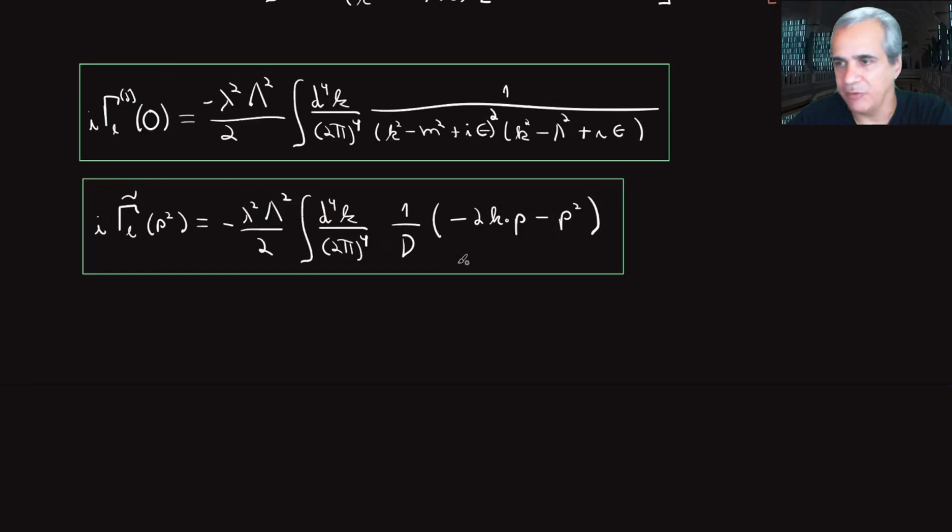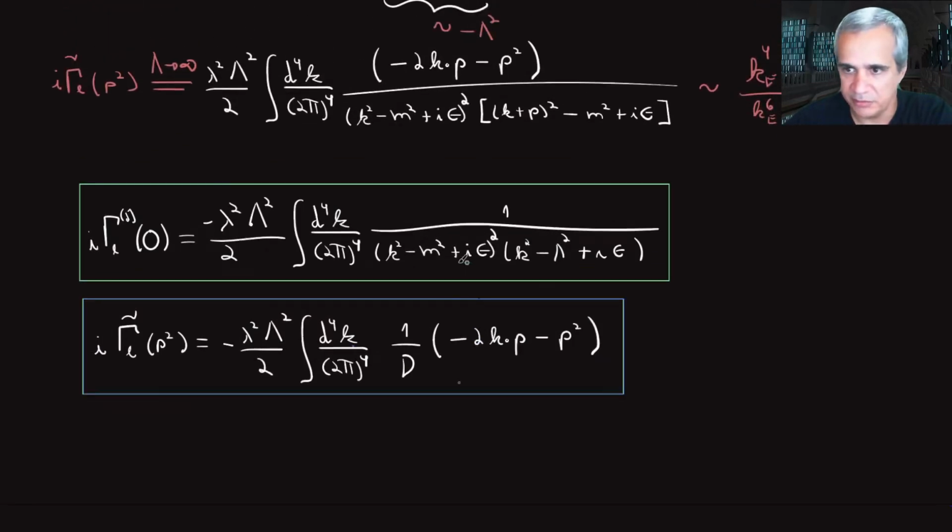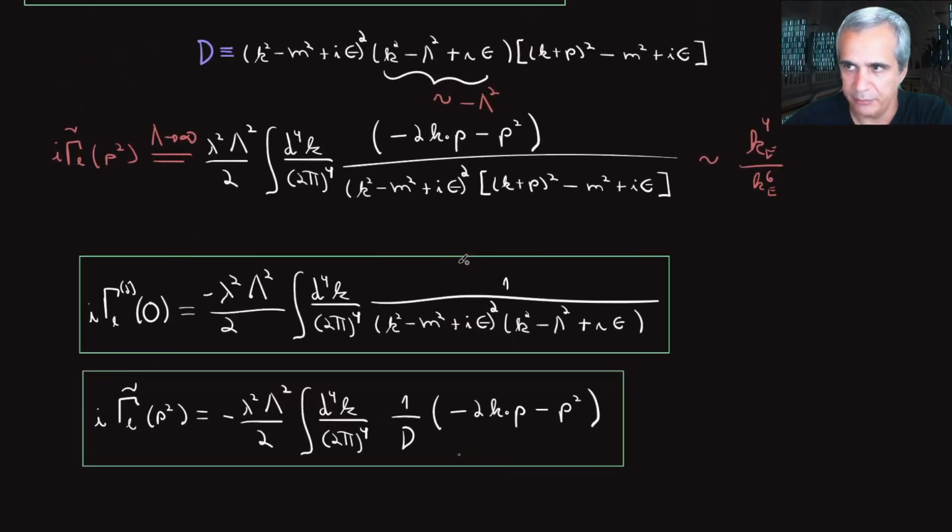And again, I have to do these integrals. D is defined up there. And that's what we're doing next video. There's a lot of tricks we'll have to learn in order to do these integrals. And these tricks are very similar for the two-point function and the four-point function, so we're doing everything at the same time. So save these two expressions for later.